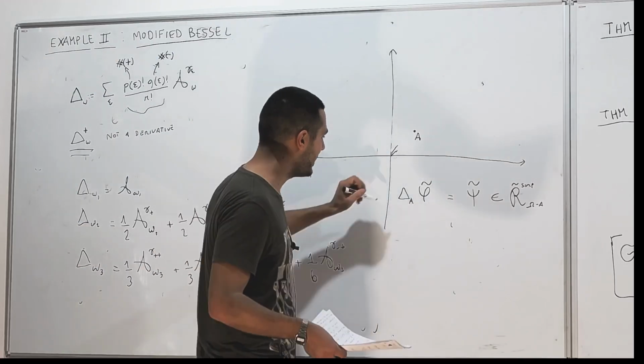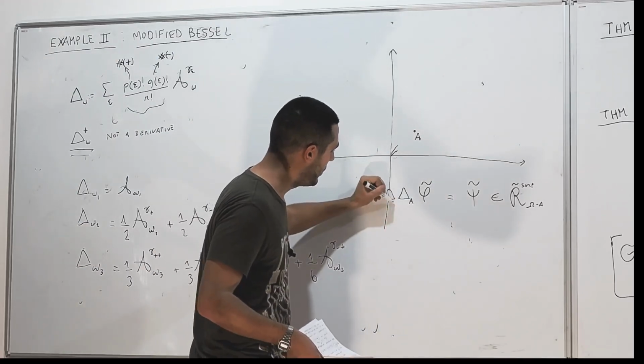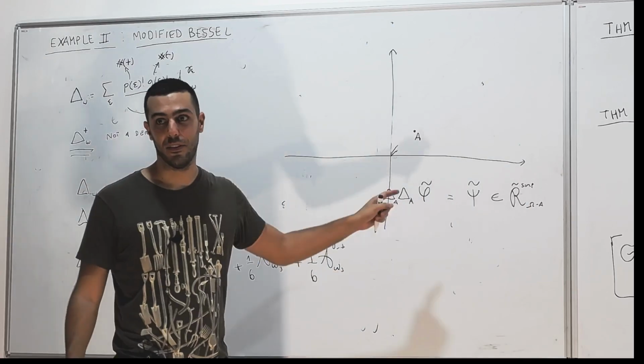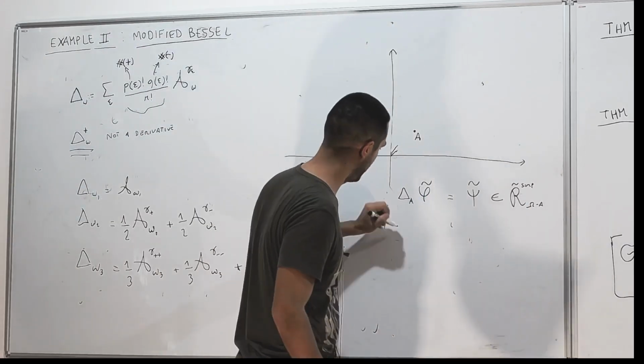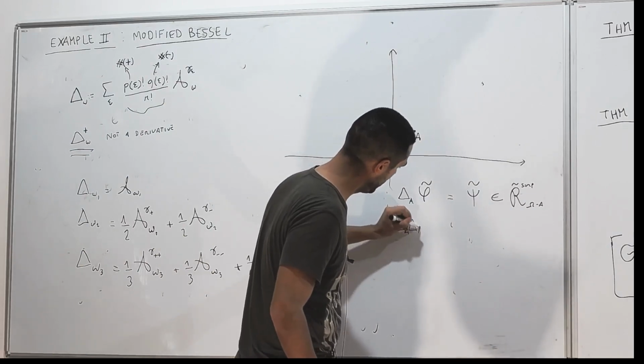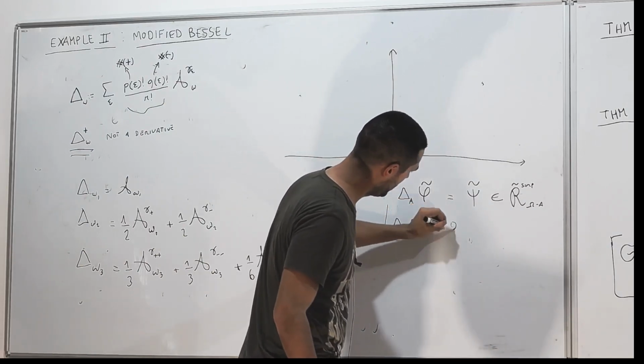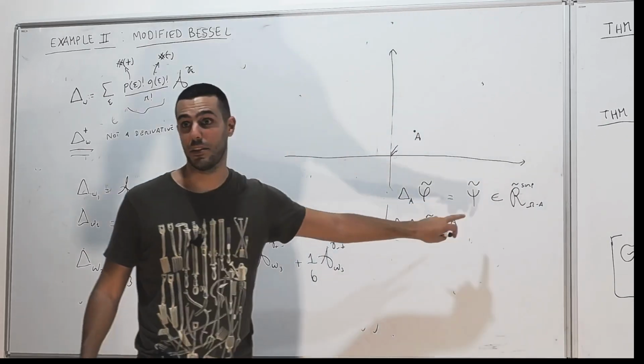So if I act twice with the alien derivative on my original function, it will be 0. So, sorry, let me write this. Because psi doesn't have a singularity at A.